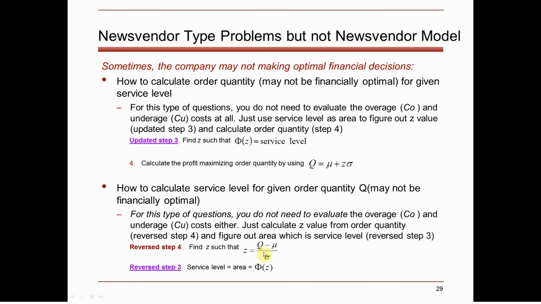We know the order quantity Q, the mean demand and the standard deviation, so just solve for z. Then, using that z, find the standard normal value, and that will tell us the service level. So these are easier variations of the newsvendor problem.